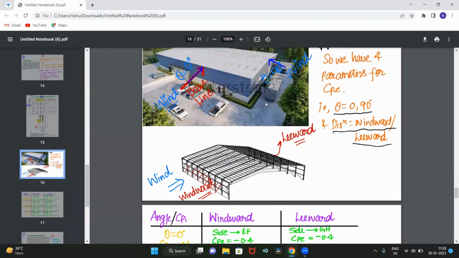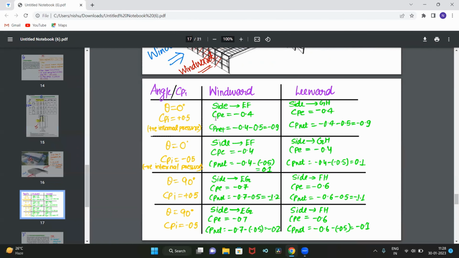So how to put that? Here I have shown CP external is minus 0.4 for windward and CP external is minus 0.4 for leeward. And CP net is CP external minus CP internal. CP internal plus 0.5. So you can simply calculate minus 0.4 minus 0.5, that is CP net is minus 0.9 for both the cases.